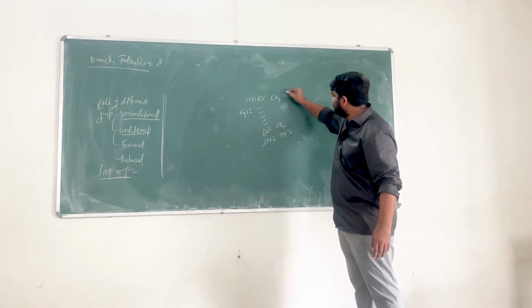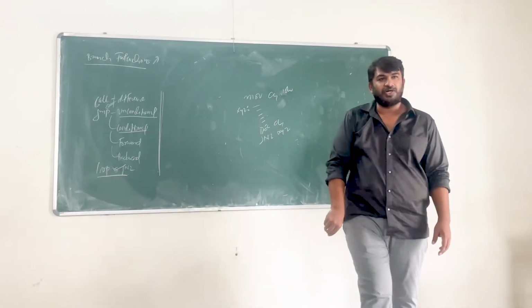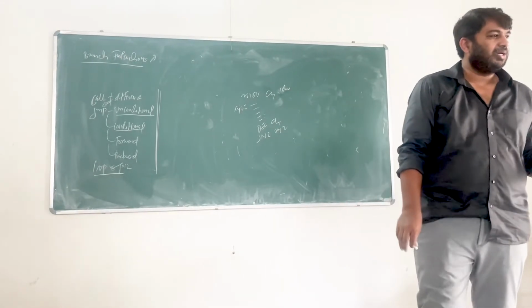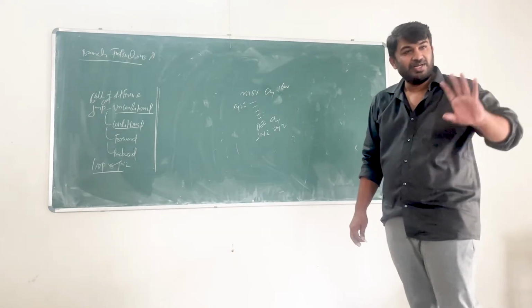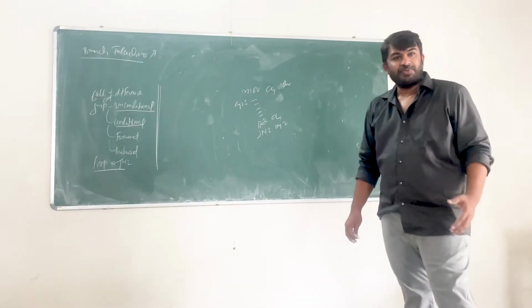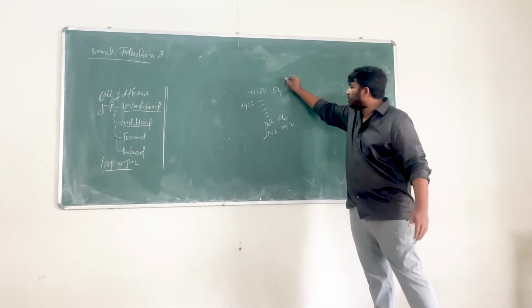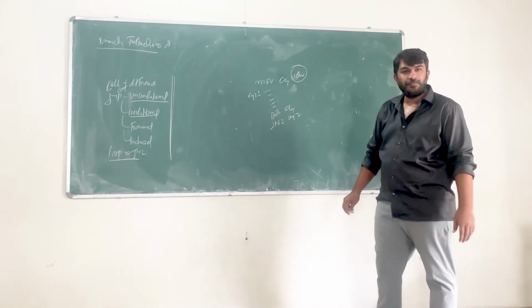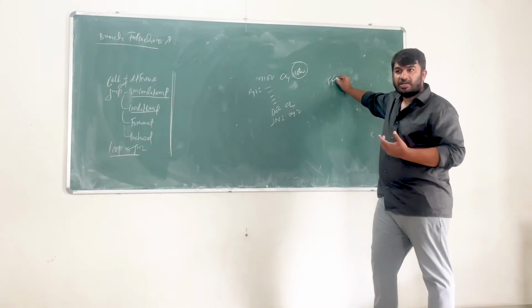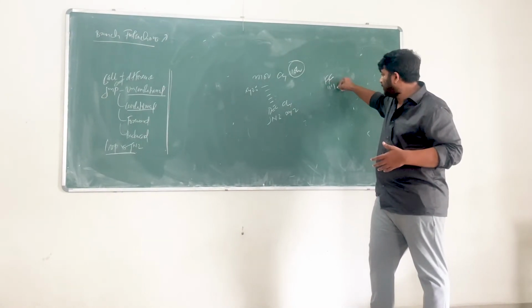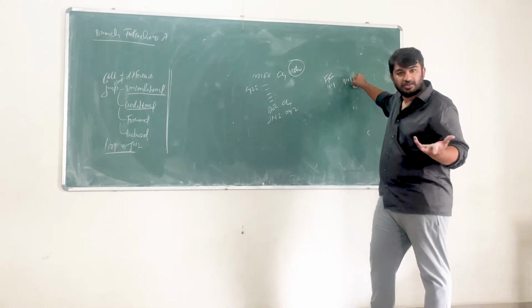If I make it, we'll take an 8-digit number, suppose I make it 10H. How many times will this work? 16. 10H, a hexadecimal number, is 16 in decimal. Total 16 times. What is the maximum number that you can store in an 8-bit number? FF, all ones.